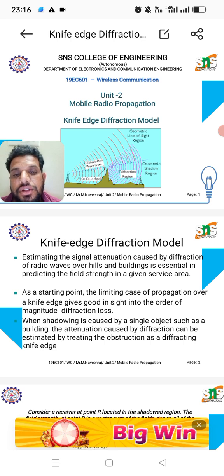As a starting point, the limiting case of propagation over a knife edge gives you good insight into the order of magnitude of diffraction loss.